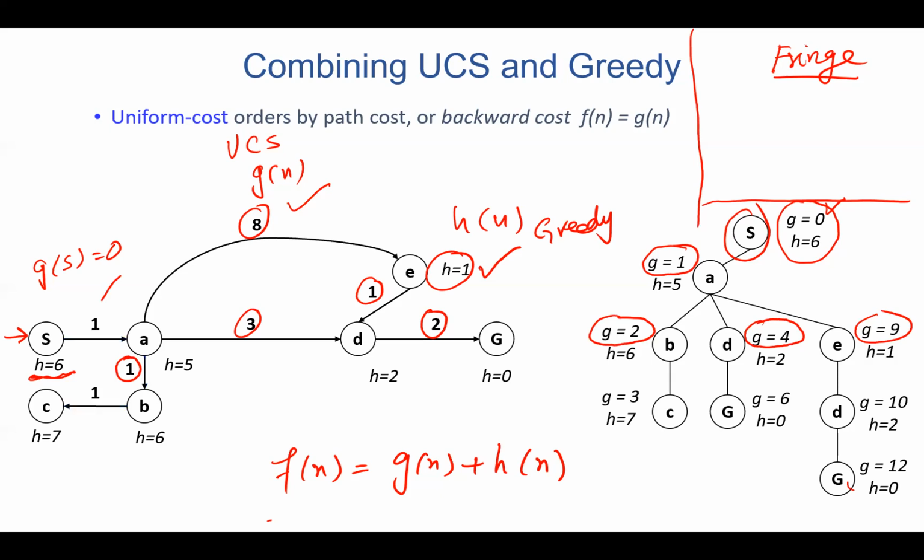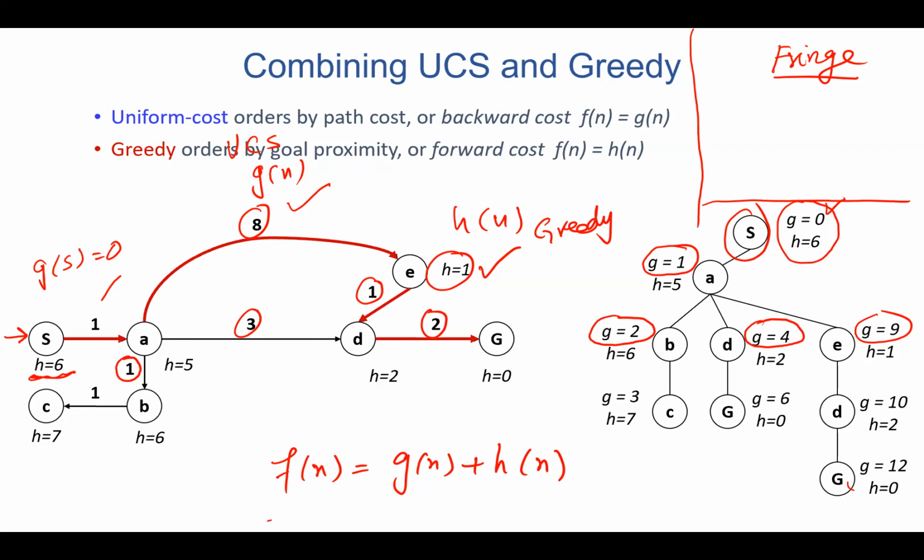Now, if you look at greedy search, we're looking at H of n, basically the H values. Let's forget G of n for a moment, because we're looking at only greedy search. Somebody has given us the heuristic and these values. So from S, it's obviously going to go to A because there's no other place to go.